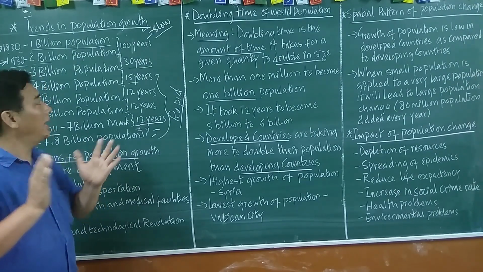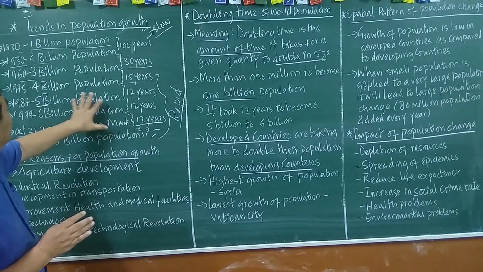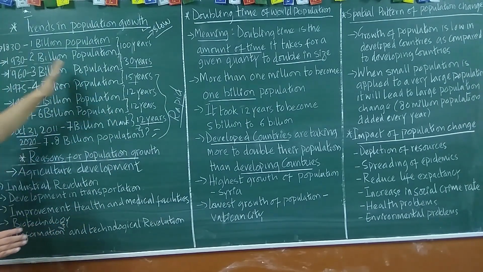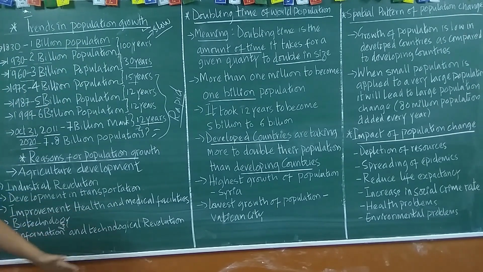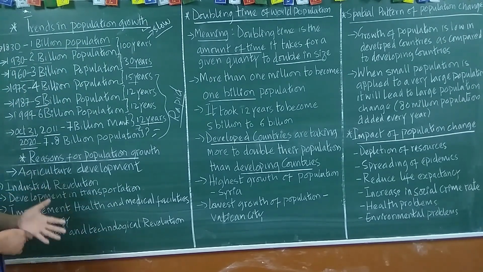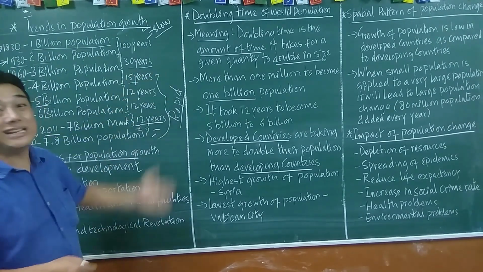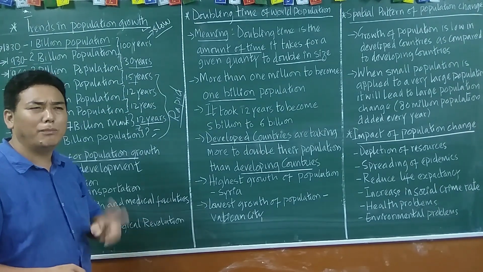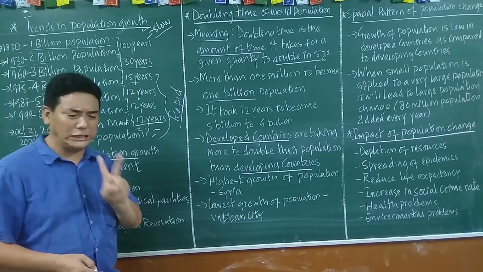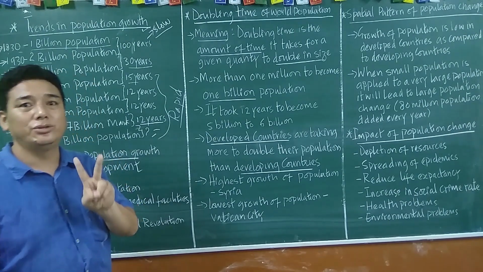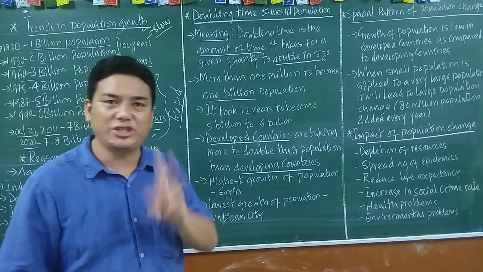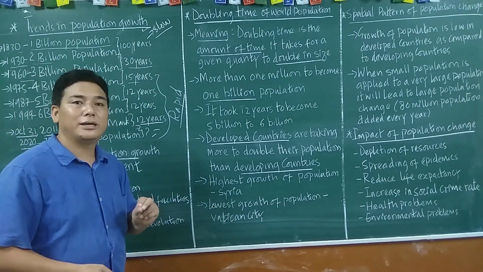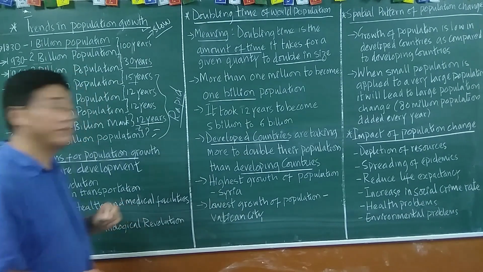But after the 1830s, the population is increasing at a very alarming rate. What are the reasons? The experts say it is due to inventions and discoveries. Many things have been discovered and many things have been newly invented.